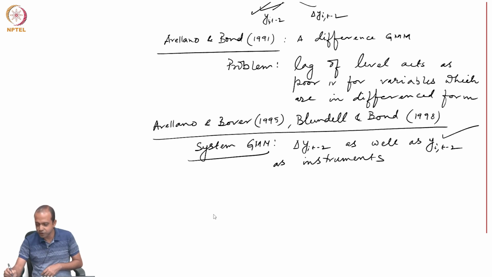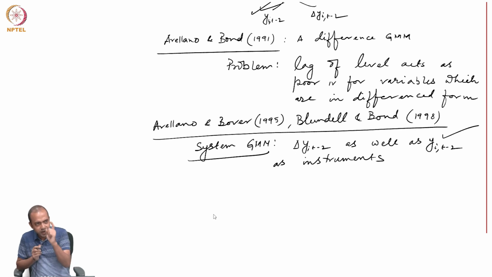Earlier it was only YIT minus 2, now it is this plus this. So, orthogonality conditions about this and this mean I am putting additional restrictions about the initial condition of the data generating process of YIT, that is all. Putting additional restrictions comes with some kind of cost, and that is the cost of system GMM we have mentioned in our previous class.